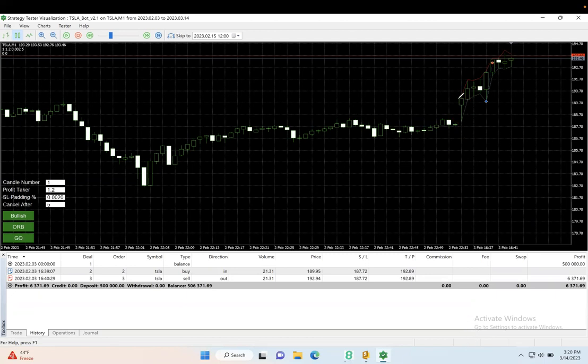So again, you guys can see that 1, 2, 3, 4 candles. Had we not got filled here, the order would have auto canceled. And that's essentially what this setting is right here: it cancels after 5 candles, and that is the default. So that's another example. I've got one more example I'm going to show you guys before the end of this video.